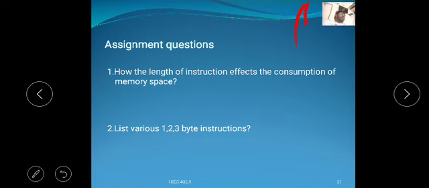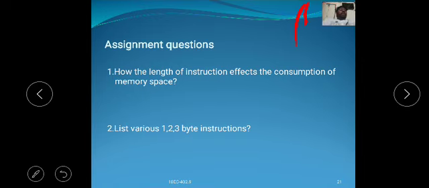If we go for 2 byte instructions or 3 byte instructions, the opcode is in the first byte, and the remaining bytes, the second and third bytes, are for the internal RAM or external RAM address or memory data to be stored.